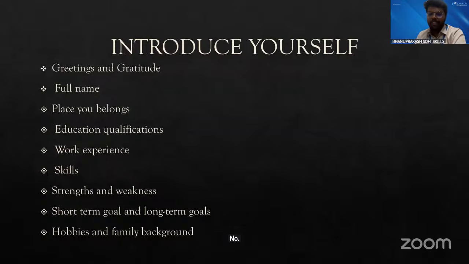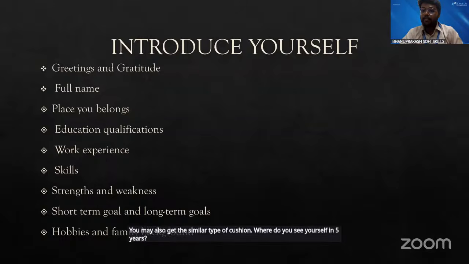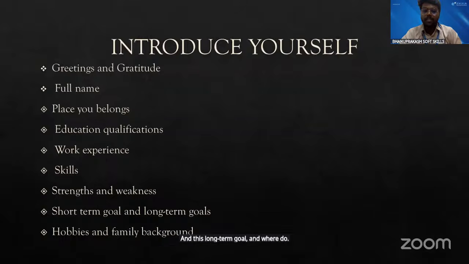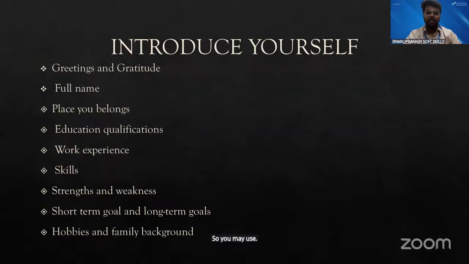No one will sound that way, but what is the ideal thing to mention here in the long term? You may also get a similar type of question: where do you see yourself in 5 years? And long-term goal and where do you see yourself in 5 years are both the same. So you may use the same answer for these two.